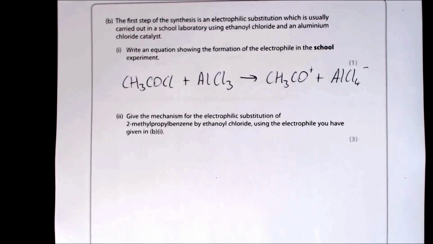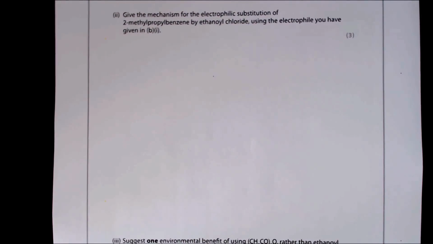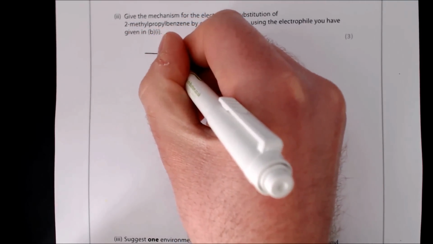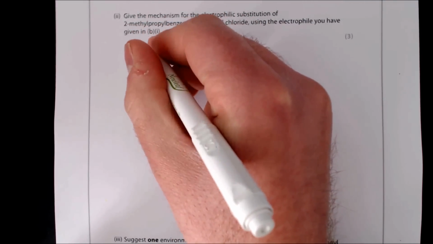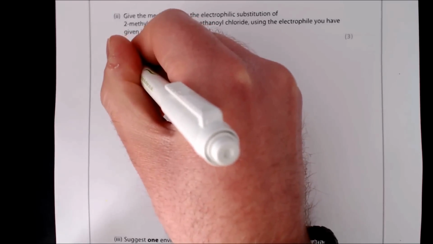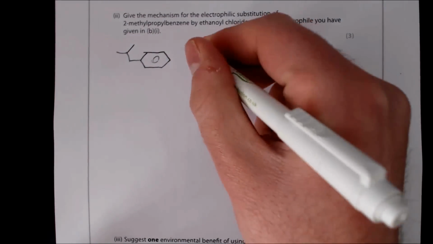Okay, so we're going to draw, let's just nudge that up there, so we've got a decent amount of space. What we're going to draw is our molecule. So we have our benzene ring, and this is the molecule that was given to you right at the start.